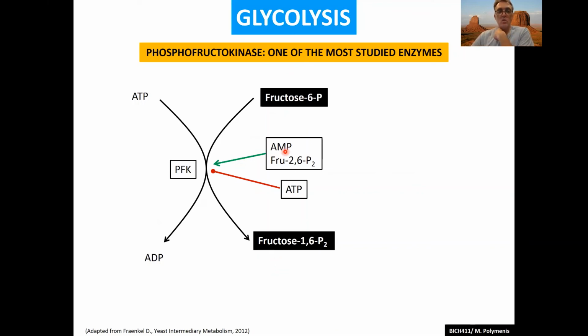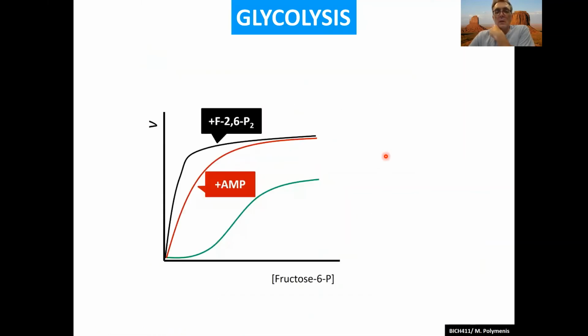And probably the more physiologically relevant effectors are AMP and fructose 2,6-bisphosphate, by the way. They both activate the enzyme. Remember, with ATP we were somewhere here, on the sigmoidal curve at high ATP levels, but now you have AMP and fructose 2,6-bisphosphate, and you see a massive activation.